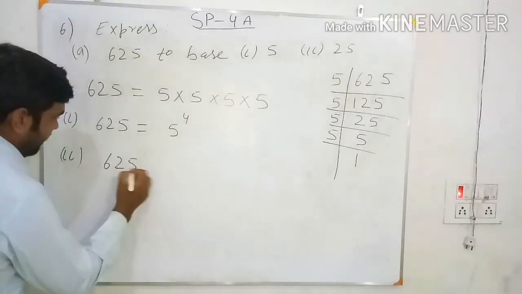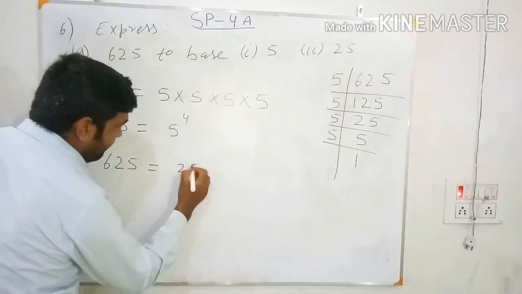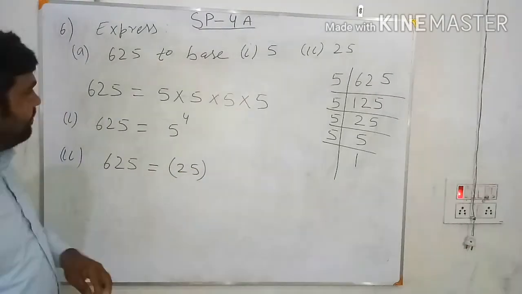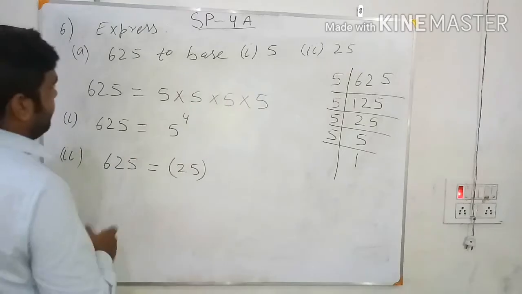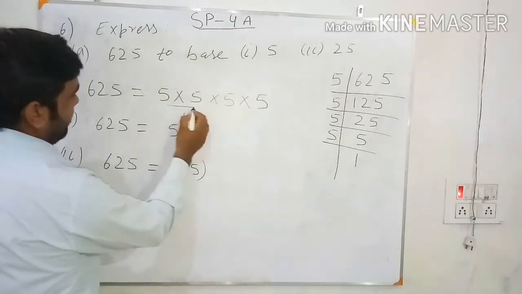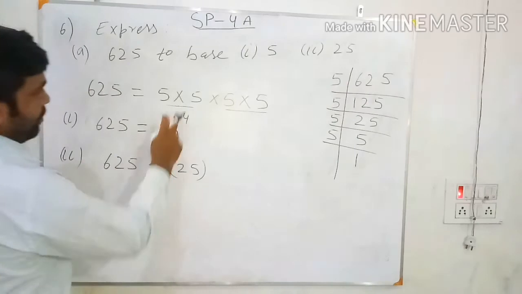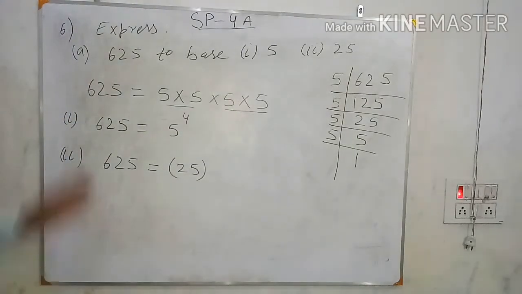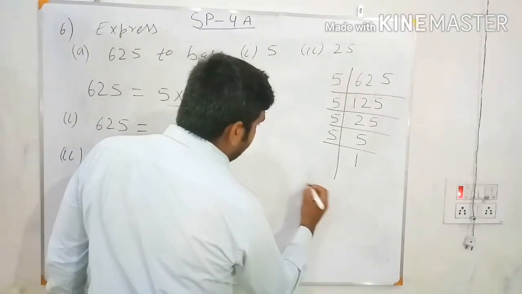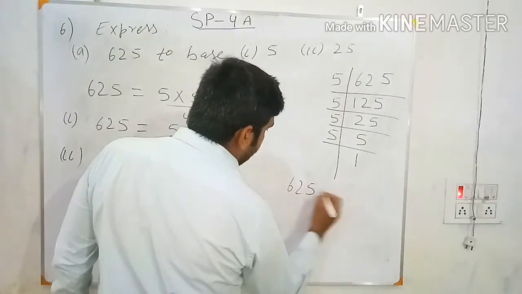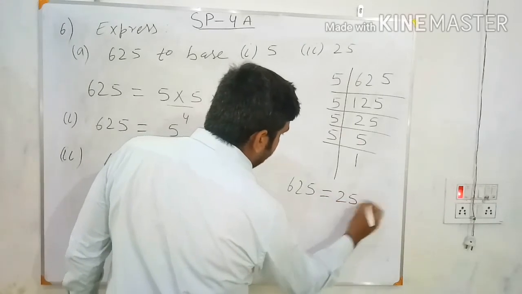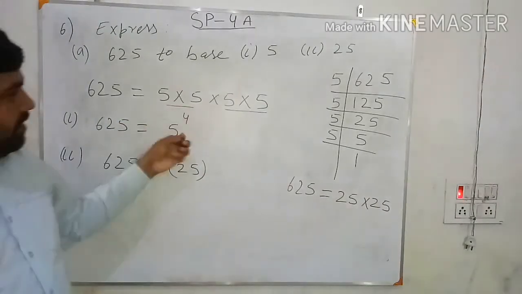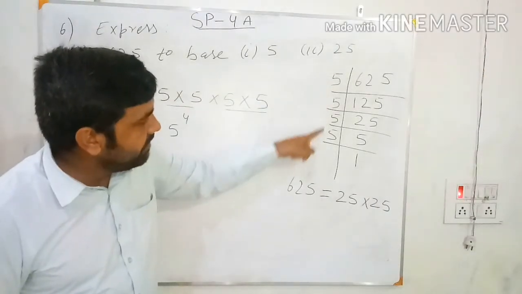Express 625 as base 25. So base 25 we have taken. Now you see in the question, 5 fives are 25, this one pair is 25, again this pair is 25. So 25 multiply 25. This means 625 can also be written as 25 multiply 25.